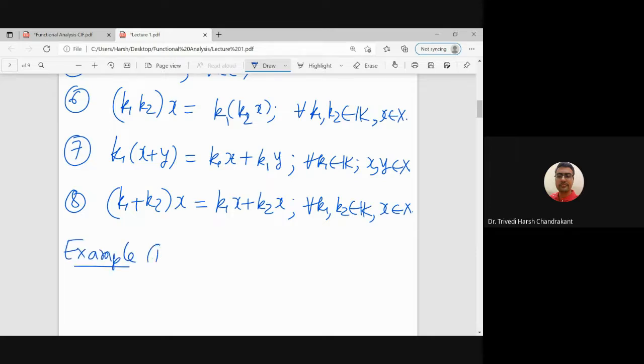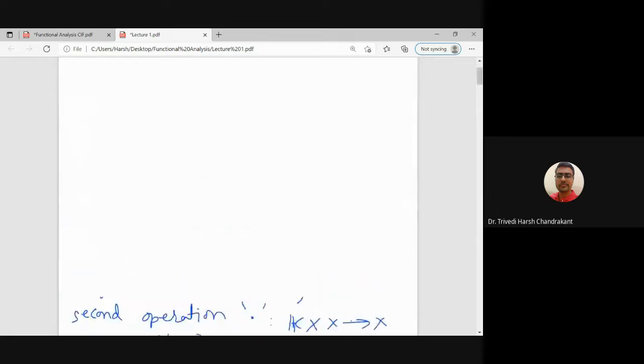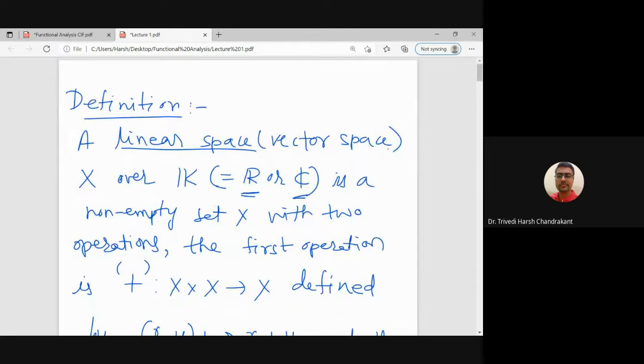So first example is X equals R and K equals Q, right? But why are we taking here only two fields, R and C? Because R and C are complete. That means in them every Cauchy sequence converges.